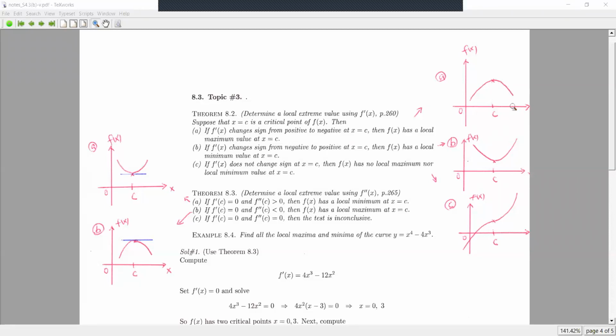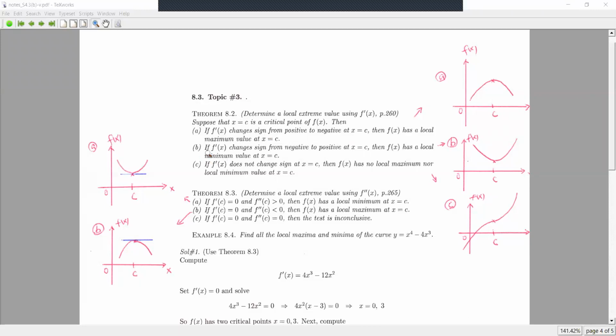Therefore, on the right of the point C, the graph of function f is decreasing. Therefore, the function has a local maximum value at the point C. So, you can use the derivative to determine a local maximum value in this case.